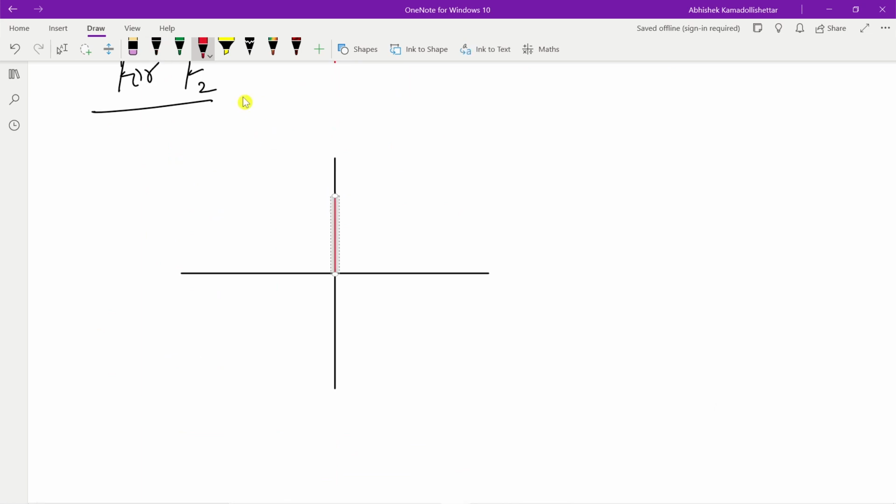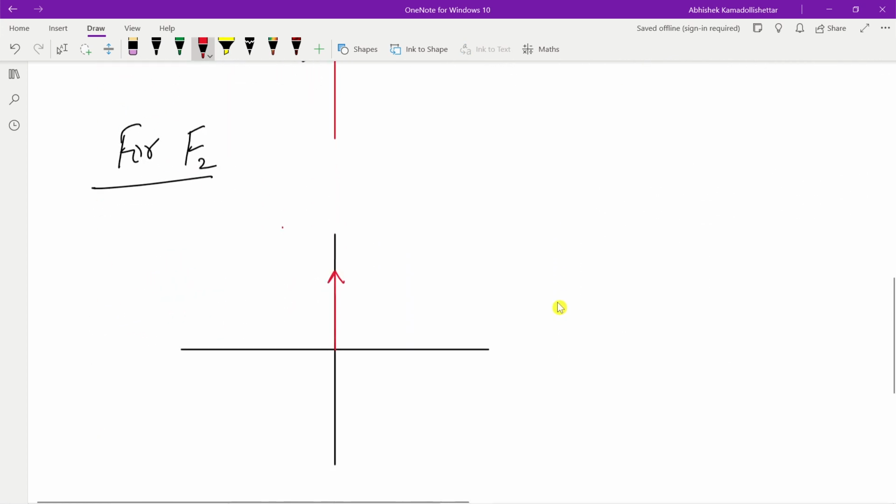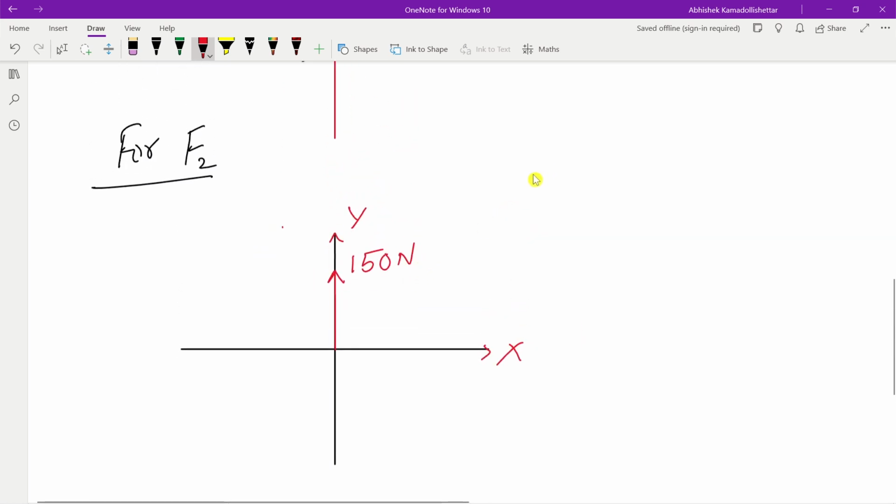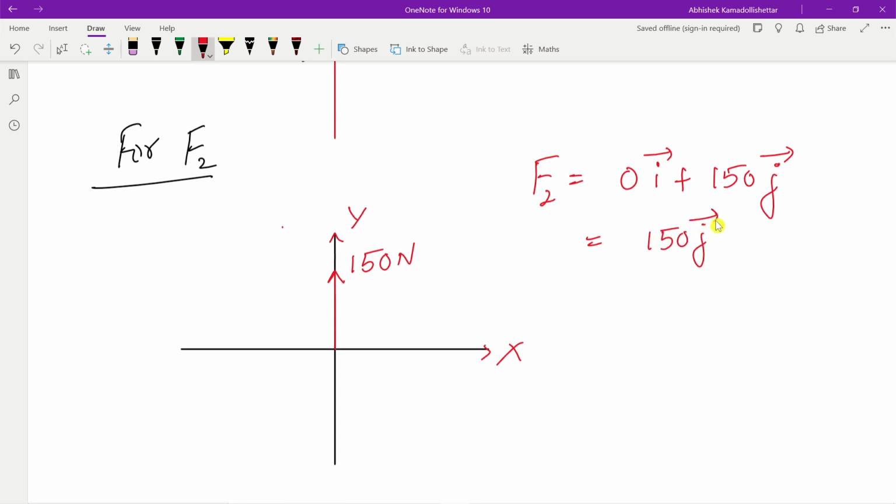There is no angle attached to this force, so there is no x component. So F2 is 0 into vector i plus 150 into vector j. Why plus? Because it is in the positive y direction. So finally this is 150 into vector j.